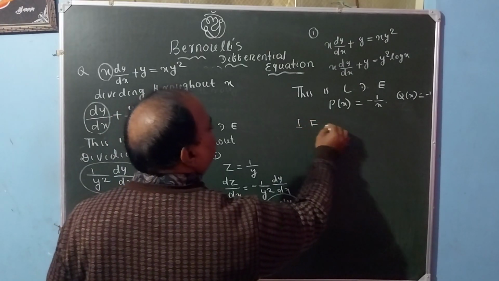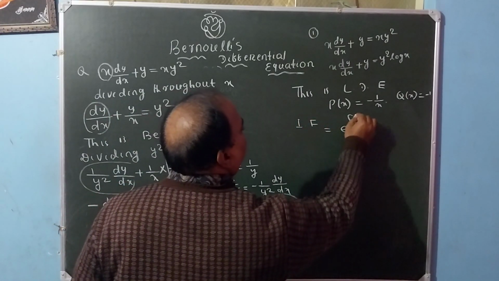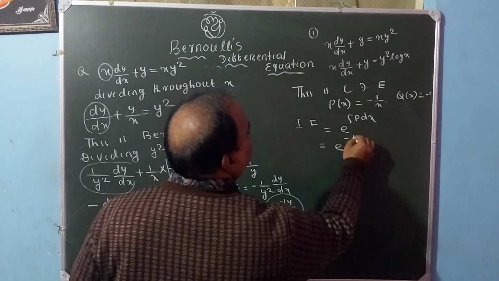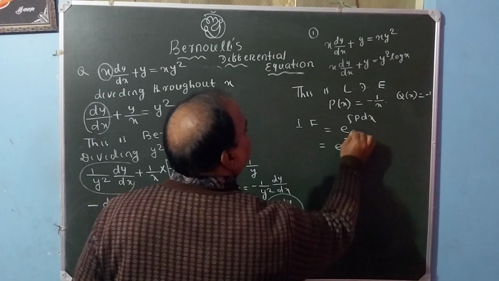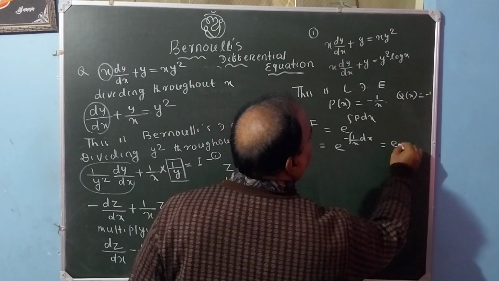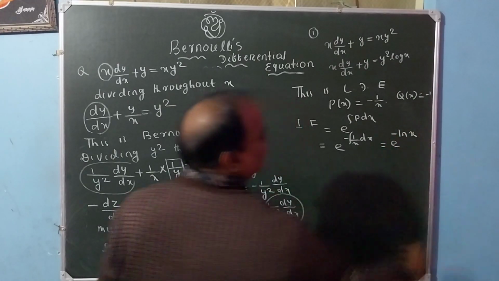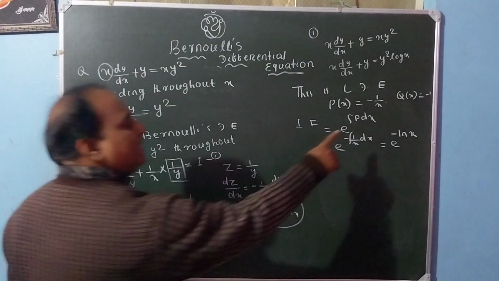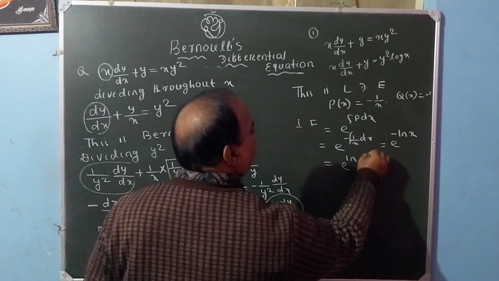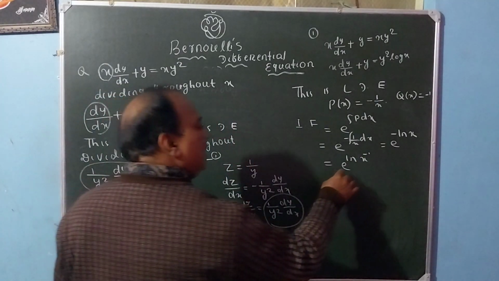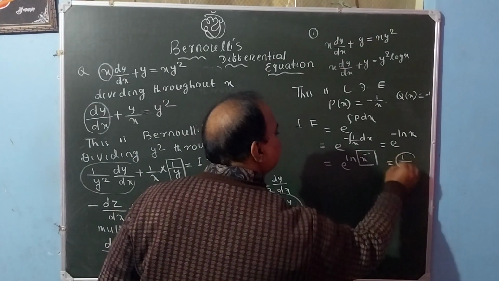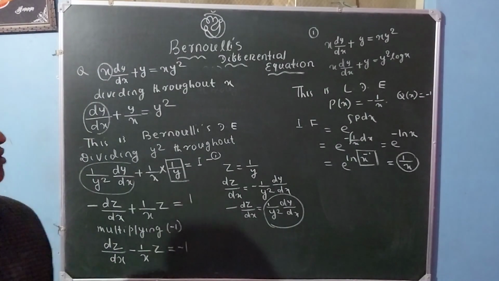IF is e to the power integral of P dx, so that is e to the power integral of minus 1 by x dx. Integration of 1 by x dx, e to the power minus ln x, which can be written as e to the power ln x to the power minus 1. Since e to the power ln x is equal to x, it means 1 by x. So the integrating factor is 1 by x.